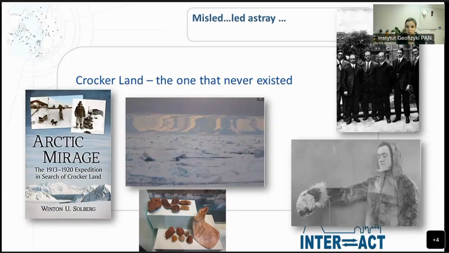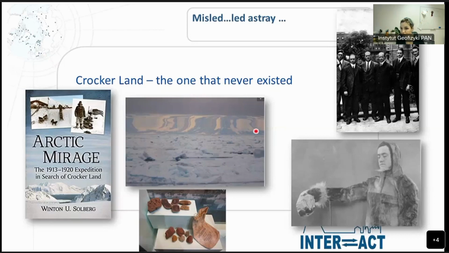So they were looking at each other, astonished, and suddenly they realized that nature played a joke on them, on the museum, and on the people before them. So Crocker's Land never really existed. It was only a mirage, probably similar to this one.